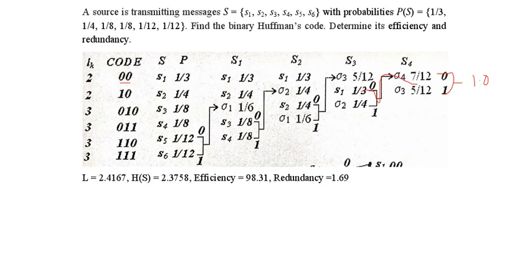So it is 0 0. And again coming to S2, S2 is starting from here, like this. So 1 0. So 1 0 is the code word corresponding to S2.